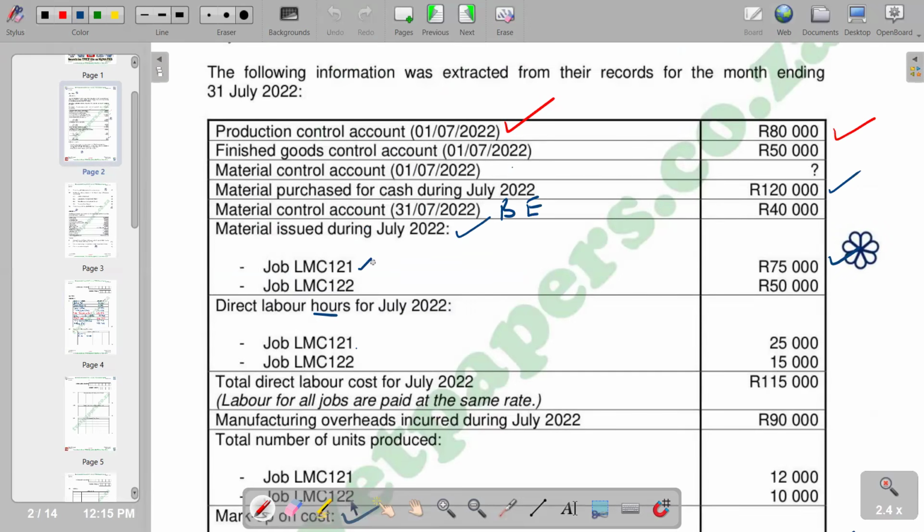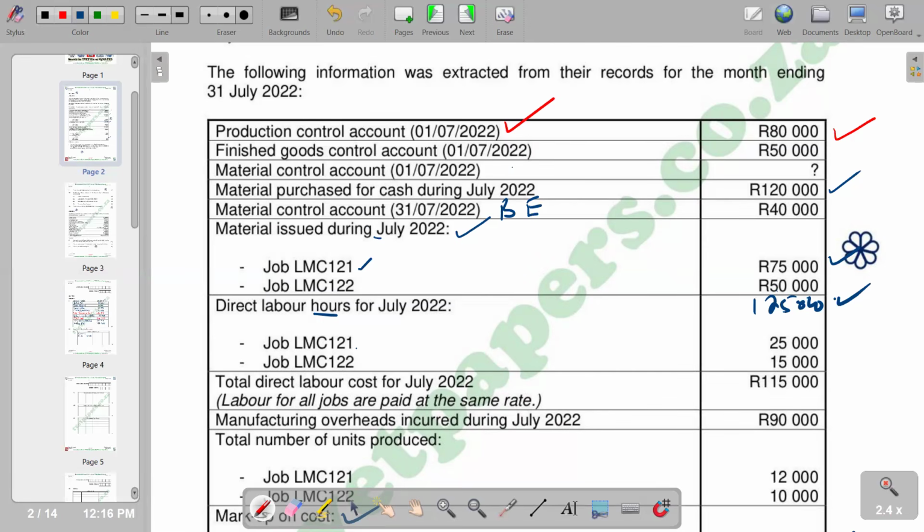Material issued, remember they should be removed from the material control because they've been issued. We have 75,000 plus 50,000. If we add the two, we are going to get 125,000. So material issued in total, we've got 125,000. So we go to the credit side of the material control and enter our 125,000.